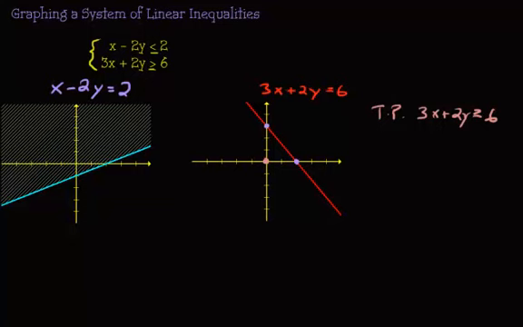So now if x is 0 and y is 0, does that hold true? Well, these are both 0. So is 0 greater than or equal to 6? And it's not. So don't shade the side containing the origin because that point did not work. So let's shade the opposite side. So we would shade away from the origin. All right, so let's go ahead and shade this.